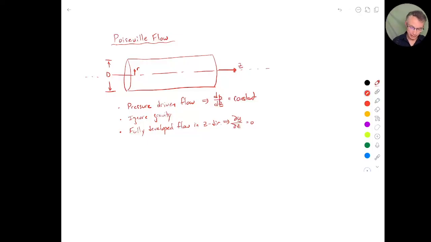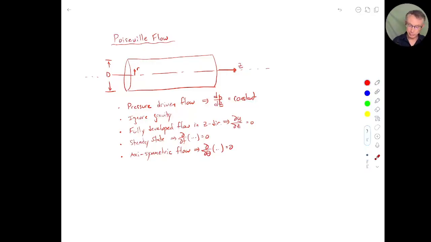We're going to say that the flow is steady. So we're at steady state. So that means that we just don't have any variations with time. We're also going to say that the flow is axisymmetric with no swirl velocity. So axisymmetric flow. That just means that there's no variation in the theta direction.